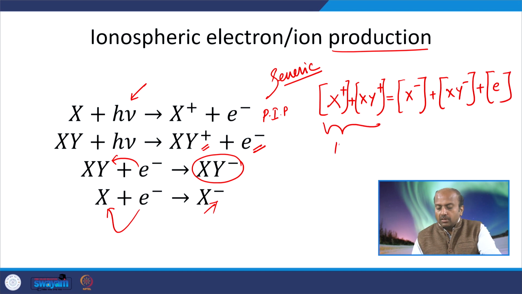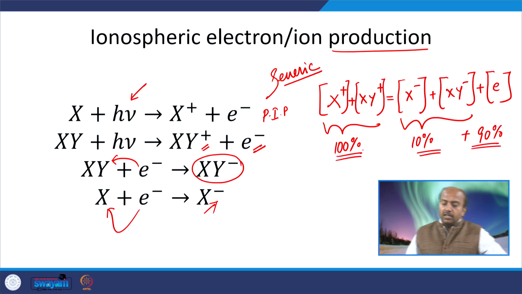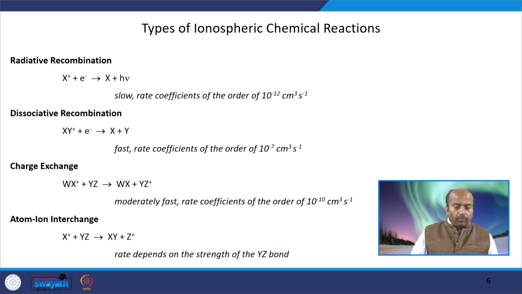This is all 100%. So, to a broader estimate, this can be up to, let us say, 5 to 10%, and then plus 90%. So, this is how the charge equilibrium is achieved. So, these are the principal ionization processes or generic production mechanisms.